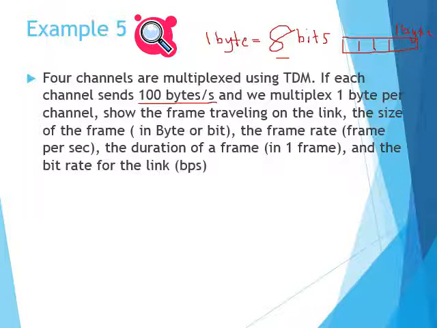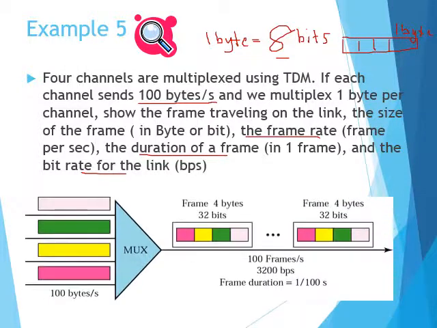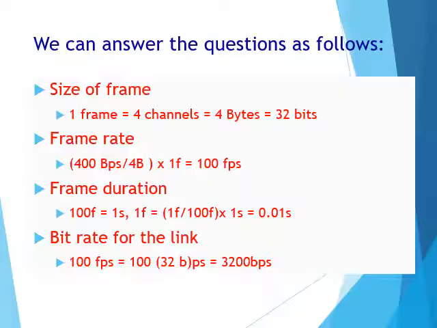The frame rate, the duration of a frame and the bit rate. Okay, look at the answer over here. So this is the explanation. The size of the frame is 4 bytes, or equal to 32 bits.